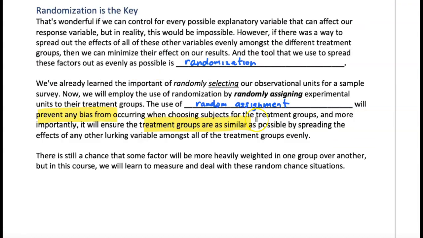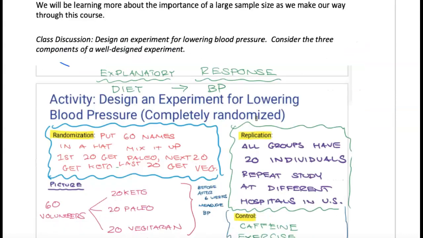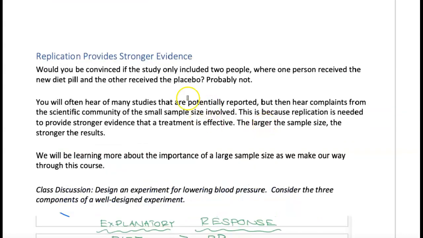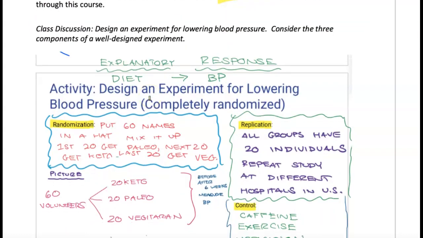So again, keep that in mind. Hopefully you can get a better idea as you finish that. The last part, we talk about replication. Replication provides stronger evidence. If you can repeat the experiment, or you have nice large sample sizes, I feel confident with the results. Sample size has an impact on that. So large groups of people in the experiment and seeing the results gives you more confidence.